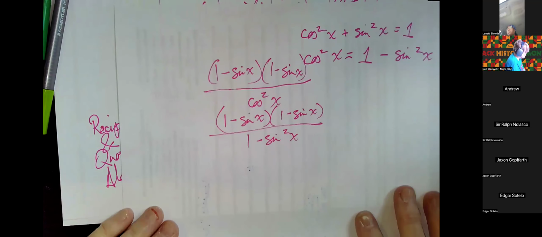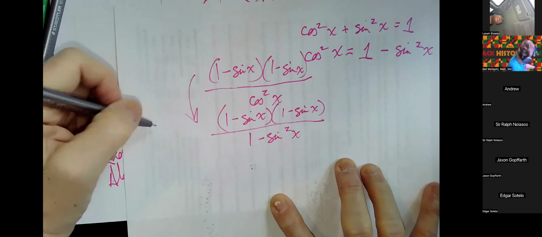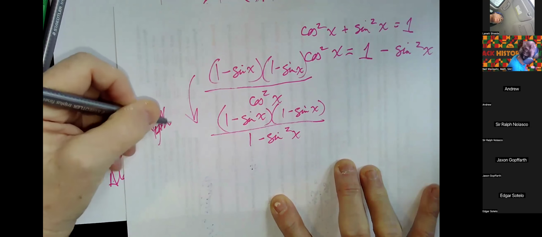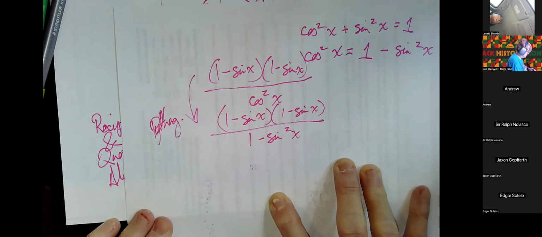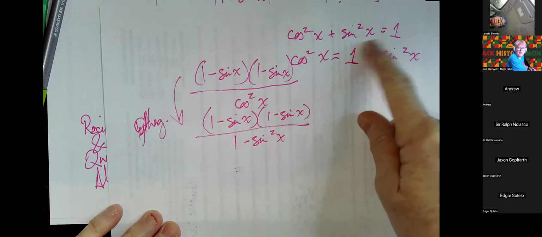The justification here is the Pythagorean identity, because cosine squared x plus sine squared x is 1 is a Pythagorean identity.